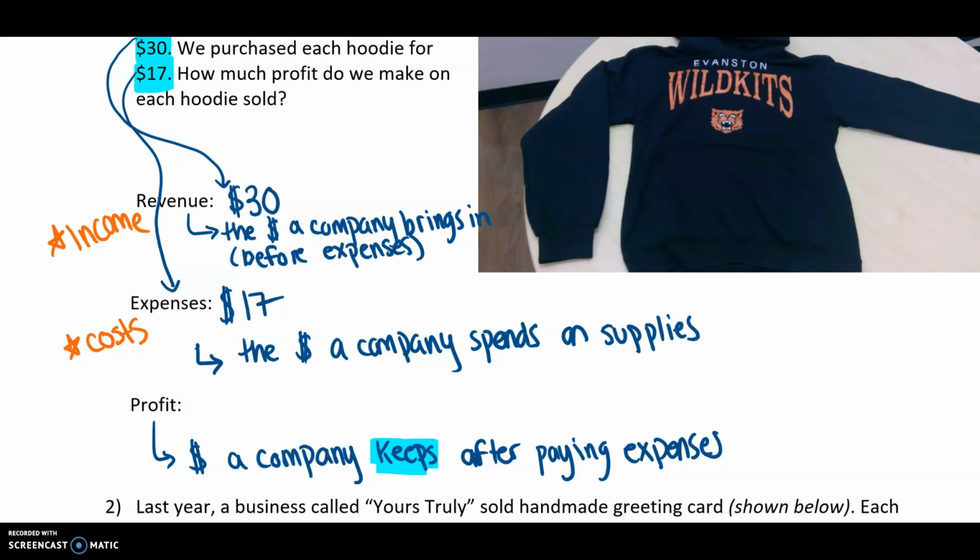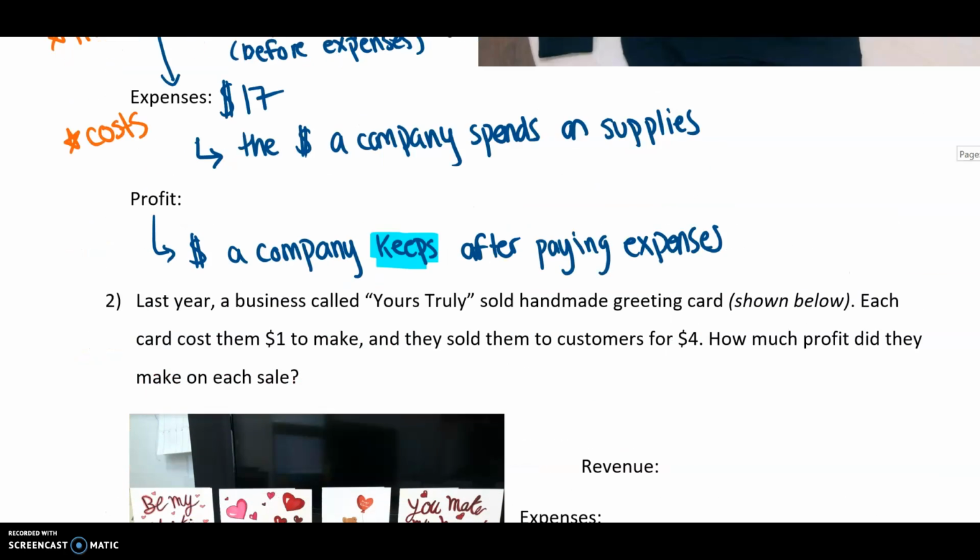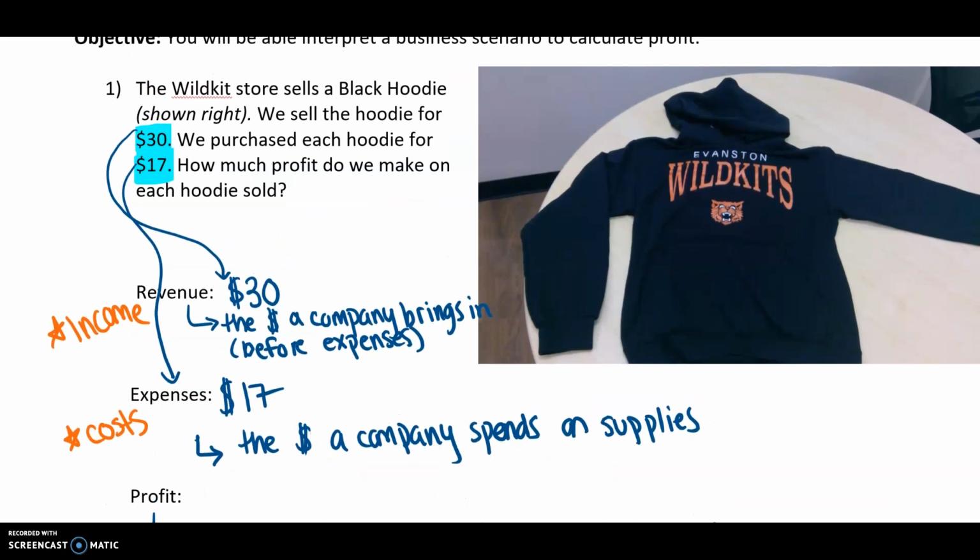And how do you calculate profit? Well, that's when I like to think about this example here. So in the Wildcat store, we have this black hoodie. Okay, we sold the hoodie to a customer for $30, right? The customer then hands you $30. Okay, but you had to pay for this hoodie, right? You had to pay for the hoodie and the printing on it, and that was $17.